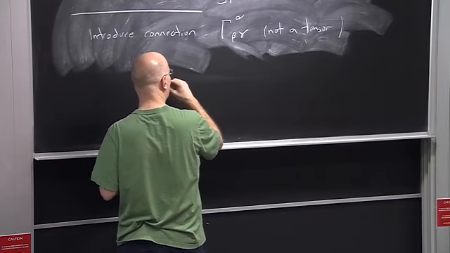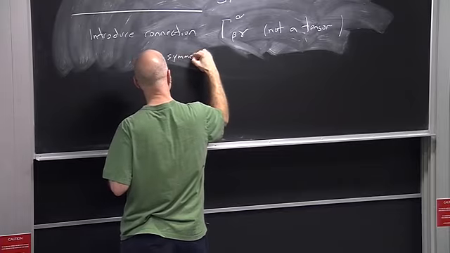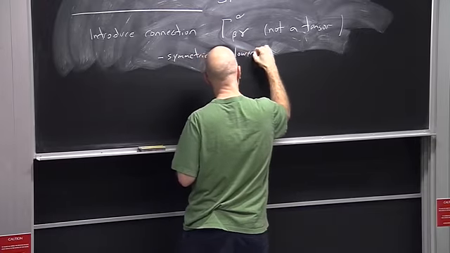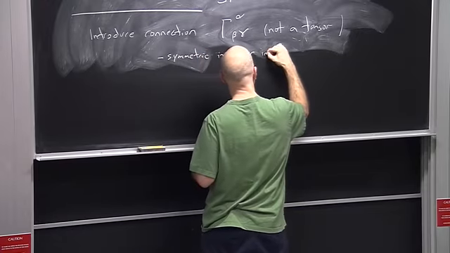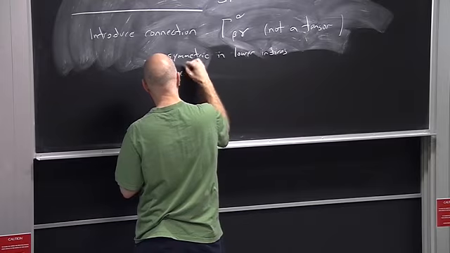I'll explain a little more fully what it means, but it's going to be symmetric in the lower indices. That's also something that's not necessarily required. And it's going to be metric compatible.